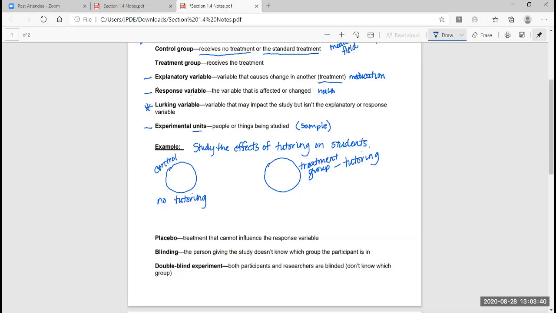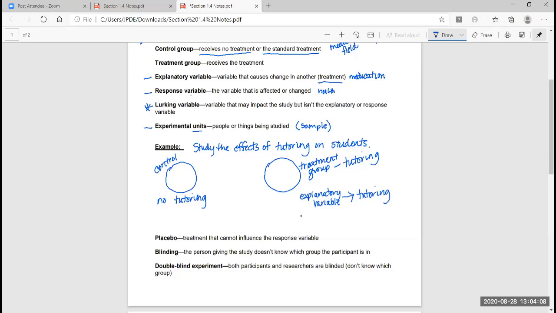So we set up here the explanatory variable is the treatment. So we're going to say our explanatory variable, which is the treatment, would be they get tutoring. Receipt of tutor or working with a tutor.